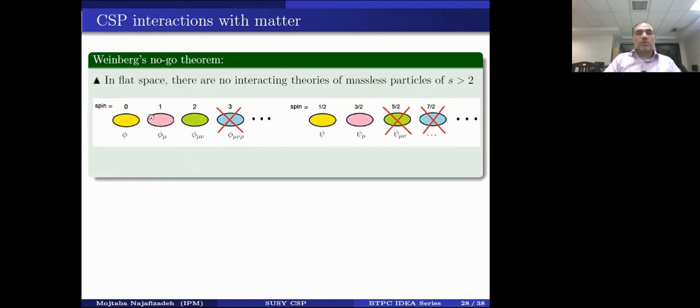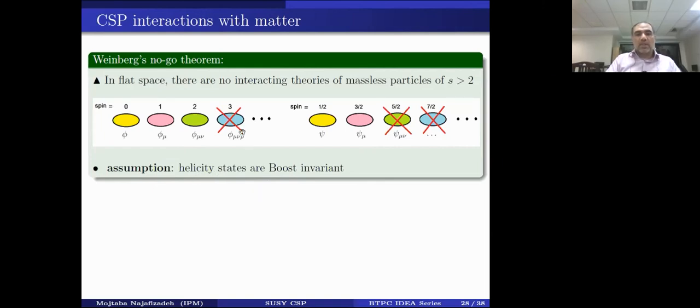The assumption to obtain this no-go theorem is this: helicity states are boost invariant. If you boost, for example, a spin 2, it goes to itself. You will get again a spin 2. So each state is boost invariant.